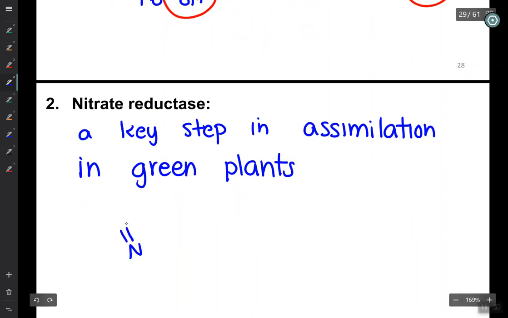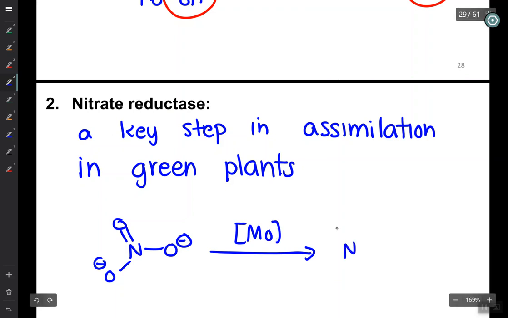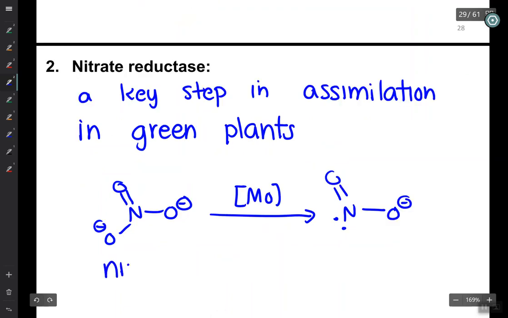So nitrate's Lewis structure is like this. It's got 3 oxygen atoms. It uses another molybdenum cofactor, except now it has 4 sulfur ligands. And it removes one of the oxygen atoms so that we convert this nitrate to nitrite.